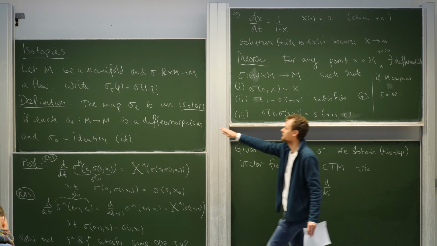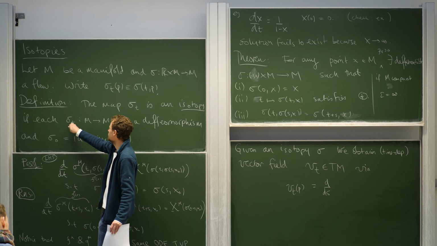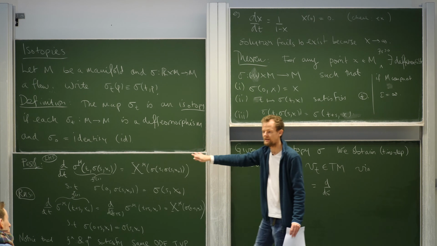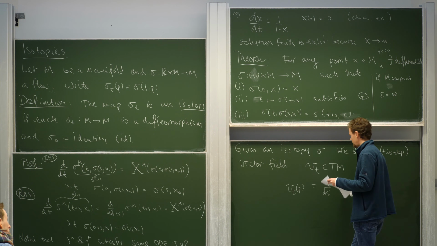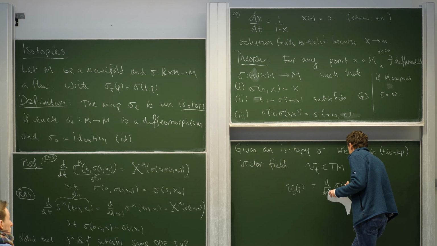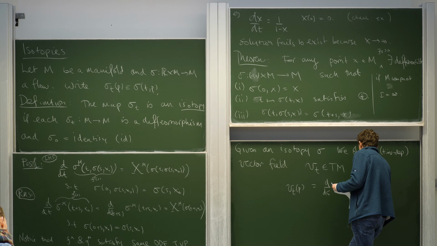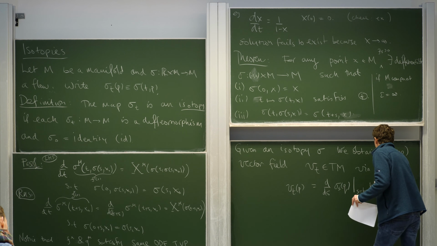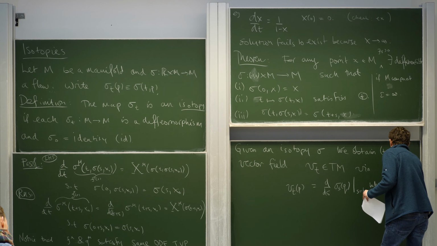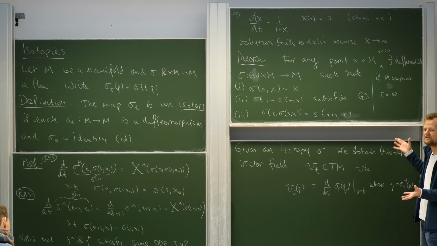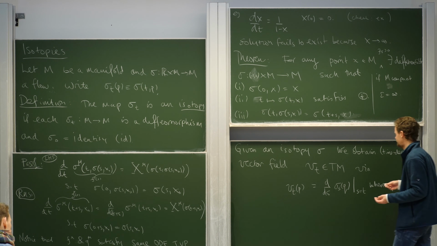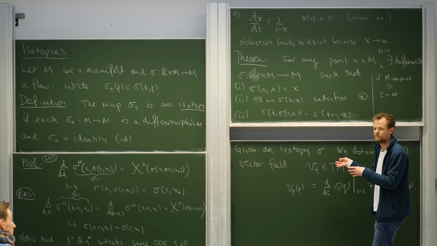Given that you're interpreting an isotopy, which is a map such that sigma t is a diffeomorphism, as a flow, well, it's kind of natural to differentiate with respect to s, isn't it? To define this vector. So that's how we get our effective vector field for an isotopy. So all flows are isotopies, but not all isotopies are flows.